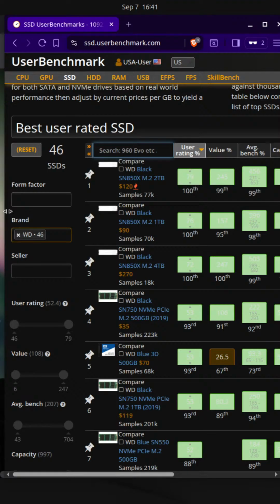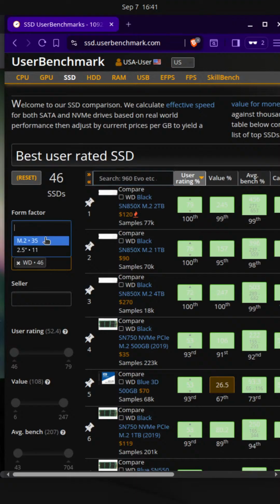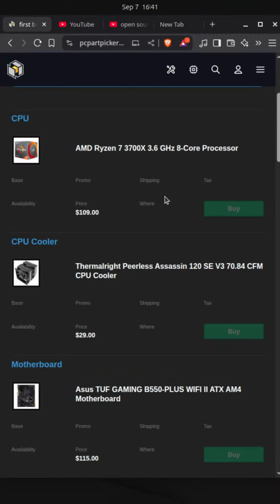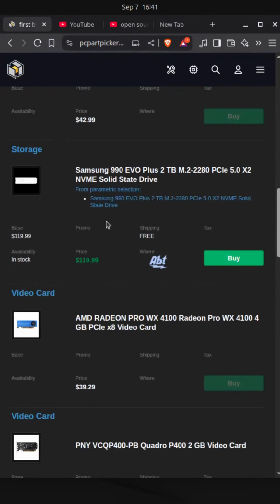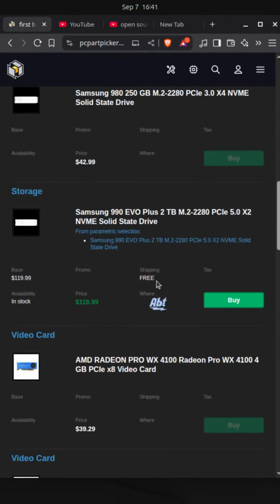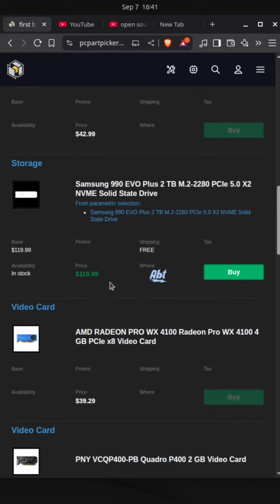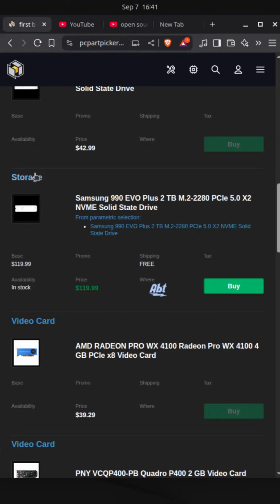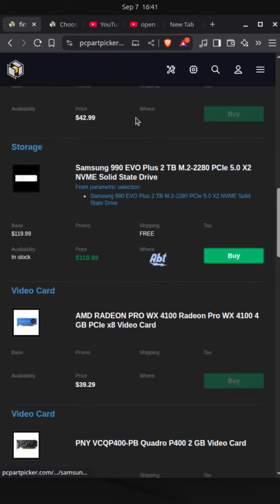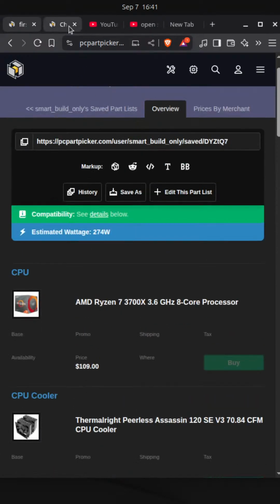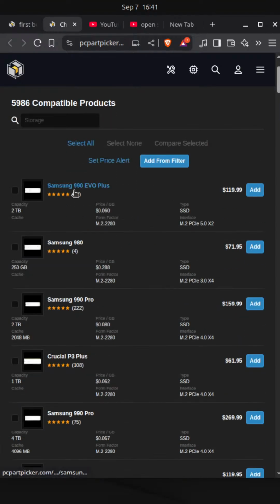I don't really know how to search on this. I guess first I'm gonna see what's compatible. I'm gonna make sure this is compatible. Let's do storage. It's weird working in this form factor in stock. Choose storage.